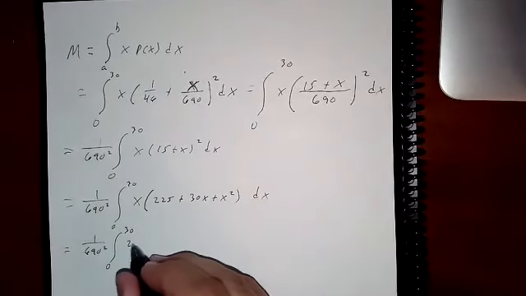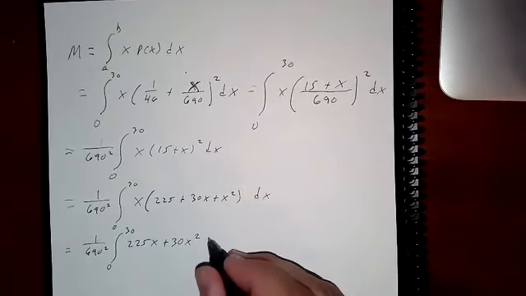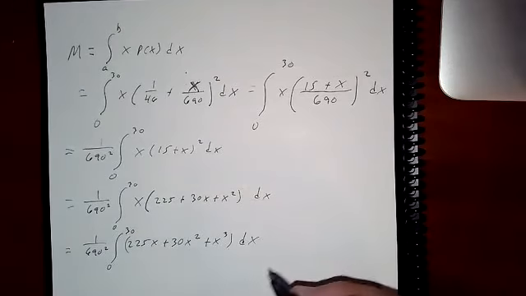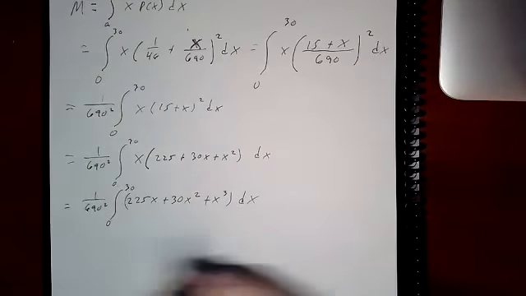So that'd be 225x plus 30x squared plus x cubed. There we go. So now we can integrate, no problem, right? Just do basic power rules.